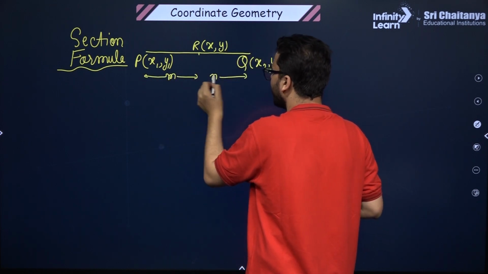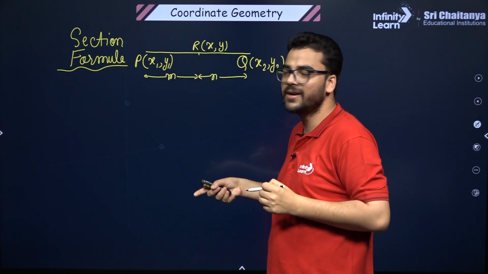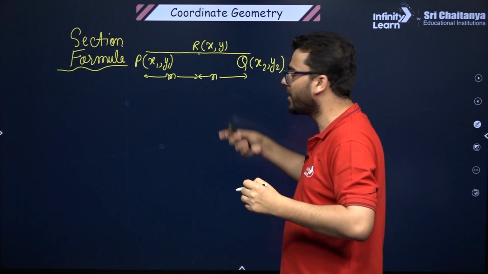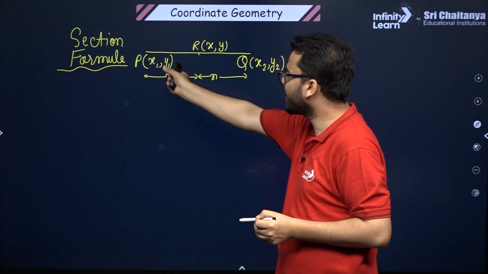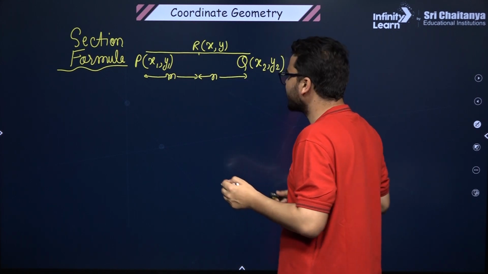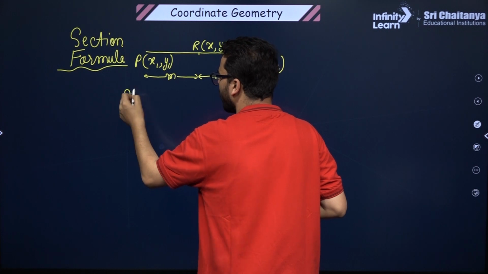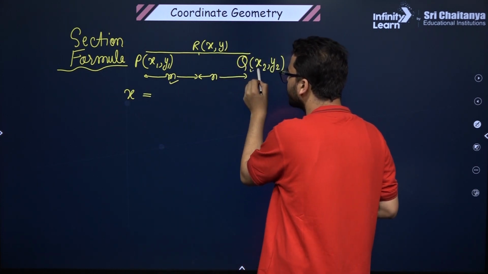M is to n. Now that does not mean that PR is equal to m units and RQ is equal to n units. That does not mean that, right? Because it is the ratio of PR and RQ. I hope you understand that. Then using the section formula, the coordinates of point R can be found. It will be mx2 plus nx1 upon m plus n.